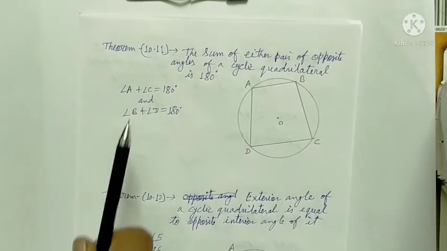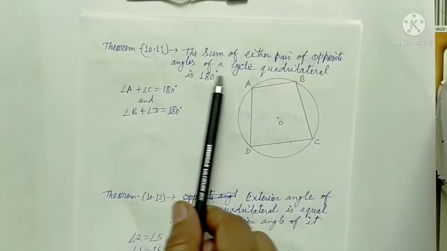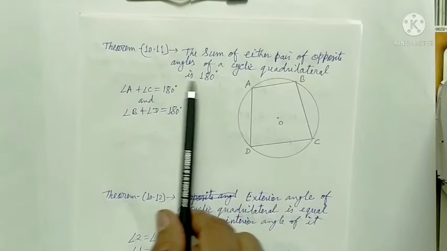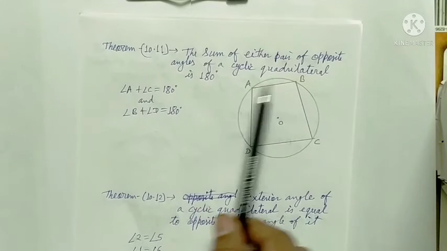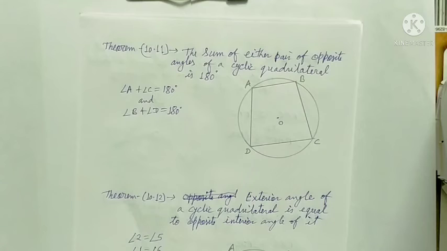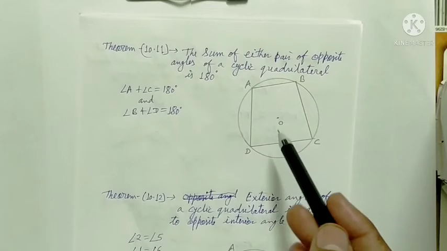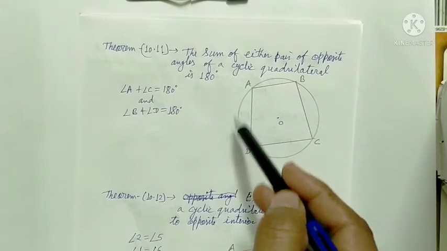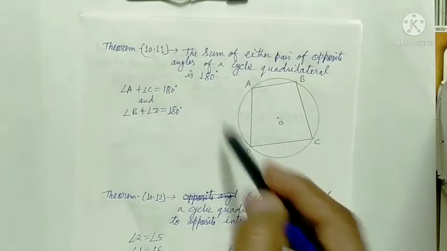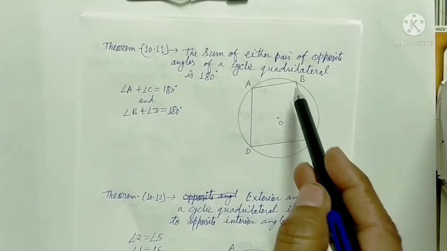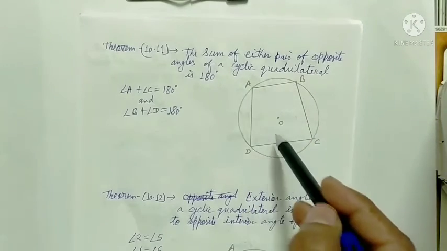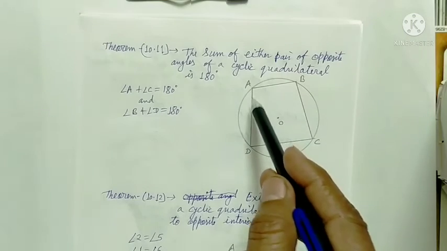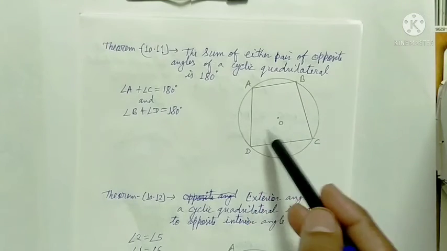Yes, students, Theorem 10.11: The sum of either pair of opposite angles of a cyclic quadrilateral is 180 degrees. Students, first of all, you must know what a cyclic quadrilateral is. It is a quadrilateral through whose four vertices a circle can be drawn. If the circle is passing through all four vertices, that quadrilateral is known as a cyclic quadrilateral.